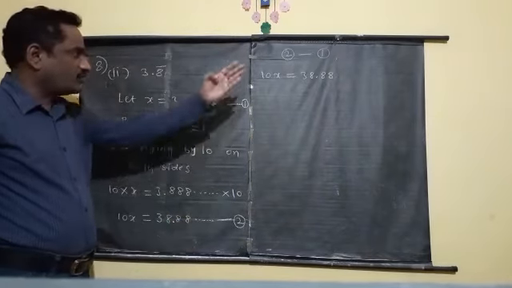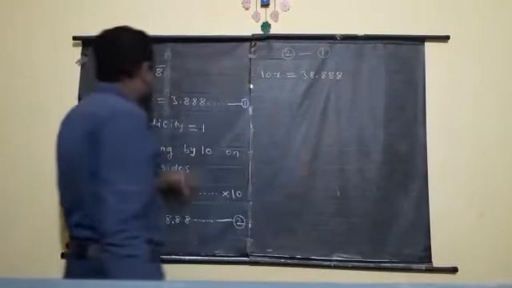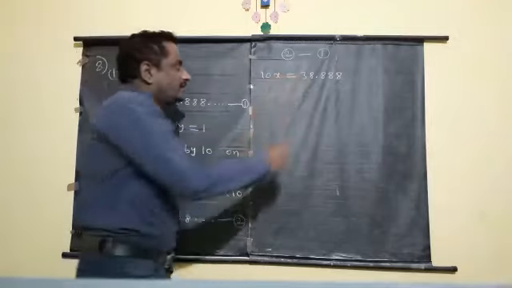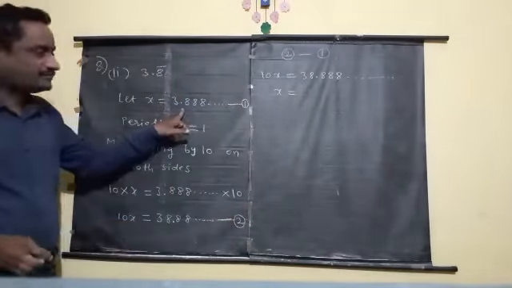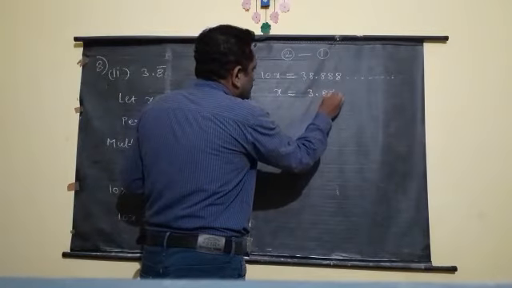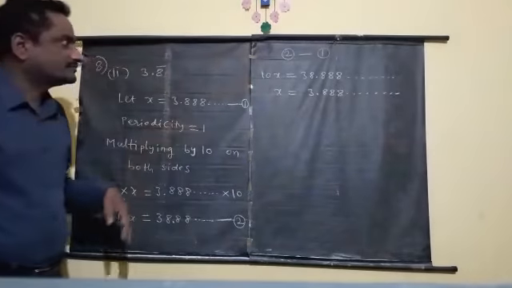If you want one more time, we can write 3 times also. Why? Because in the first equation, after the point 8 is 3 times there. So here also write 3 times. Down, first equation: x is equal to 3.888 and so on.